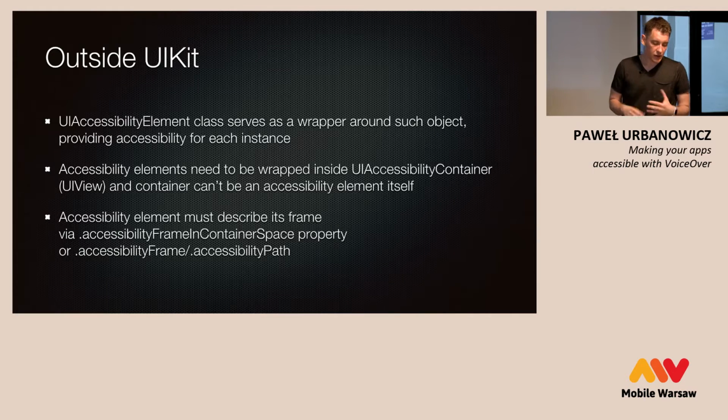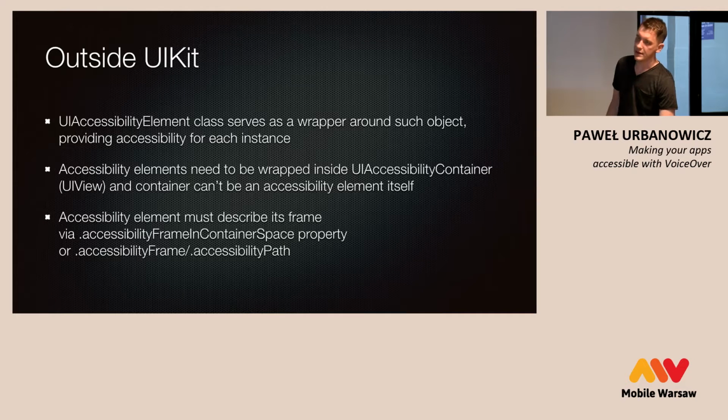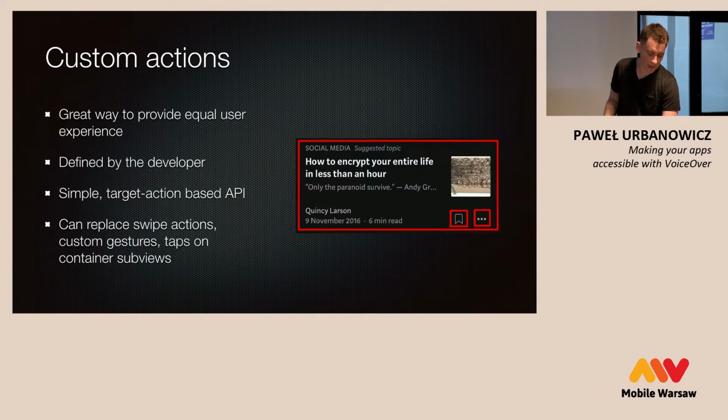And when you are using accessibility frame and container space, you are providing the frame inside your container. So you can either use the older API, the frame, but you have to remember it is giving the screen coordinates, or you can use the frame and container space property and focus on the placement inside your container. The only difference is that the new API, frame and container space property, is available since iOS 10, and the first one is very, very old, since iOS 3, I believe. But Apple also provides some translation methods if you're using the older one.